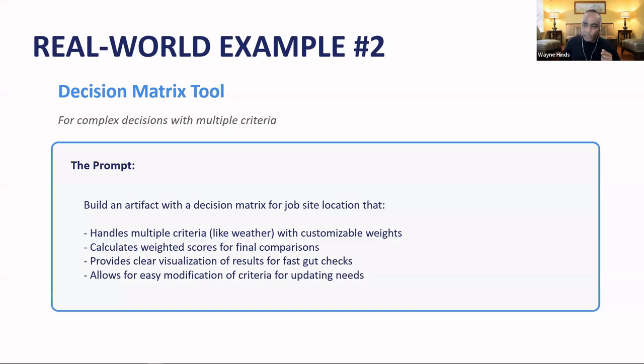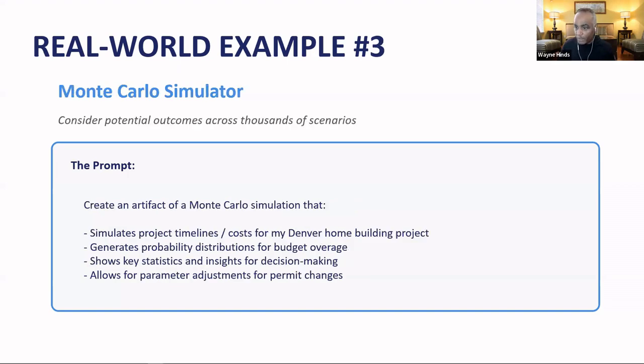In this particular prompt, we're going to build an artifact with a decision matrix for job site location that handles multiple criteria like weather, with customizable weights, calculates the weighted score for final comparison, and provides a visualization of the results for a fast gut check, and allows for easy modification of criteria.